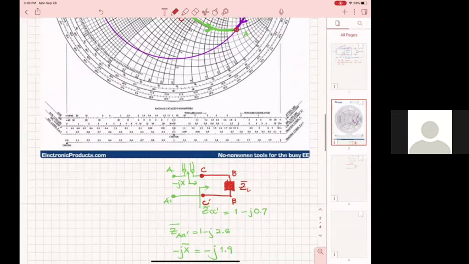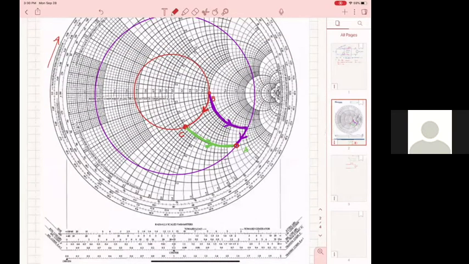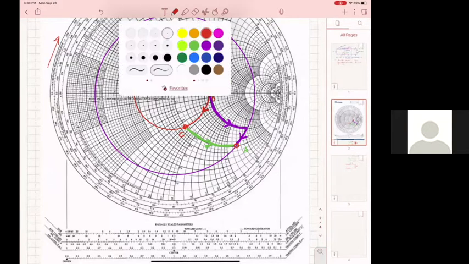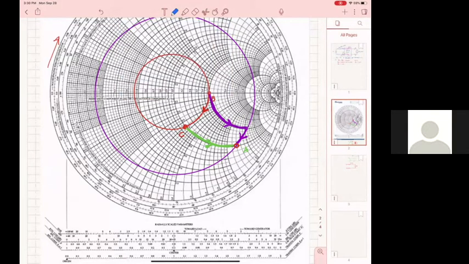And then the stub I have to put, I need to move from this point here, whose reactance is somewhere here, and it's minus 3.2. This point here is minus 3.2, normalized.